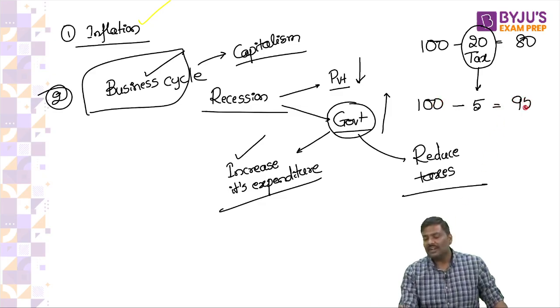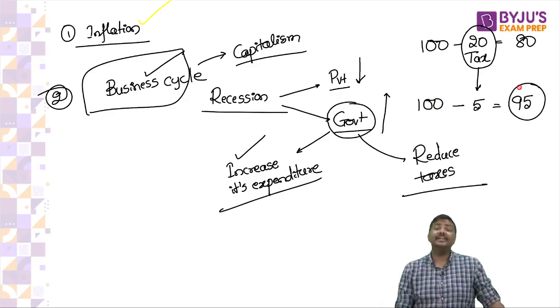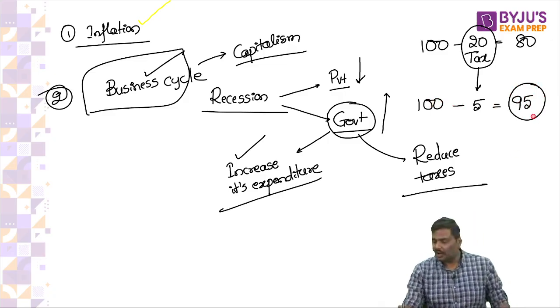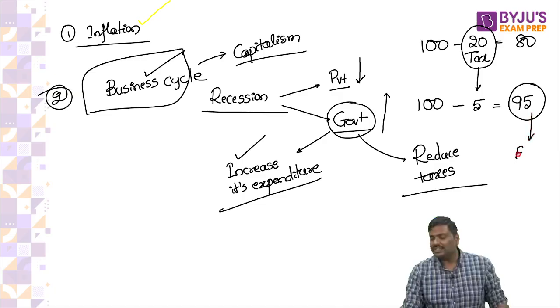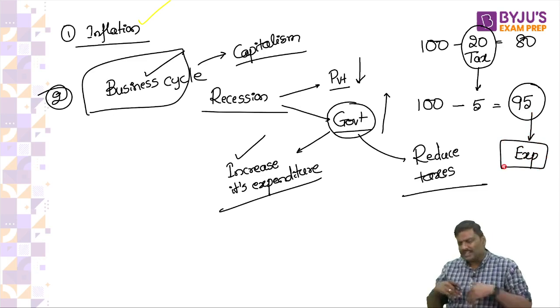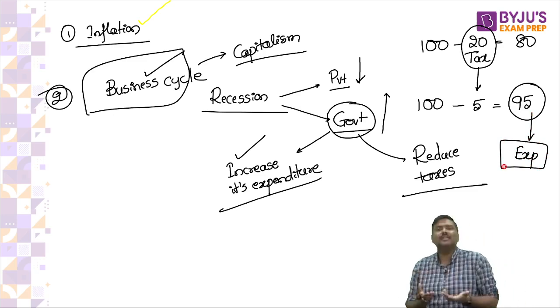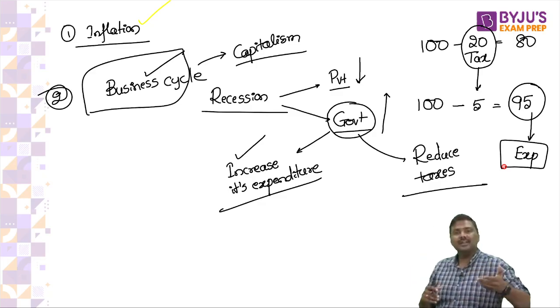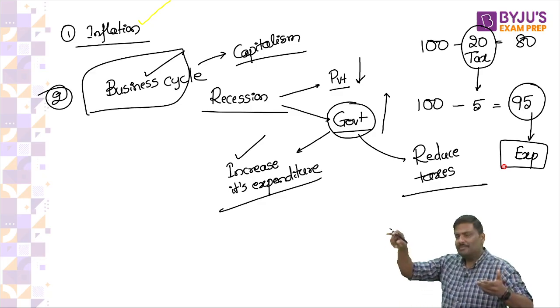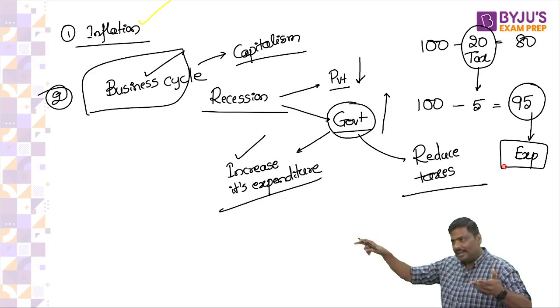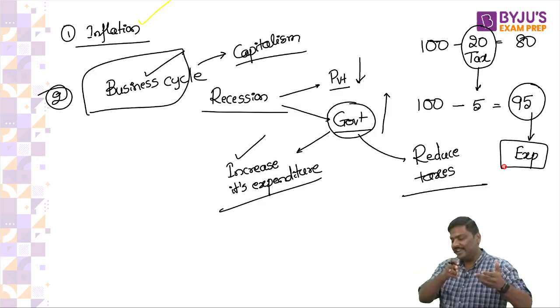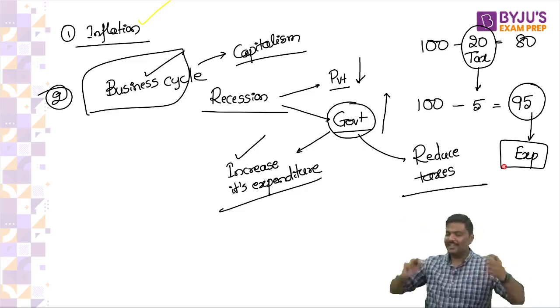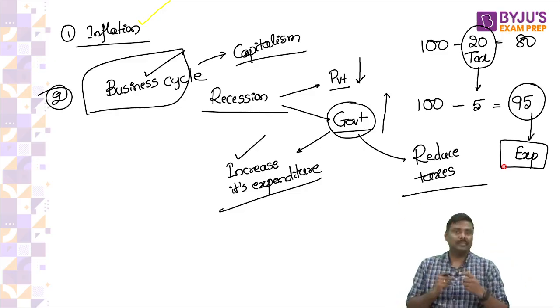Now, you will have a disposable income of 95 rupees. Will it not increase expenditure for goods and services in the market? Will you not start demanding more and more? If you demand, production will increase. Production, employment, employment again salary, salary again to production. So again a virtuous cycle can be promoted.